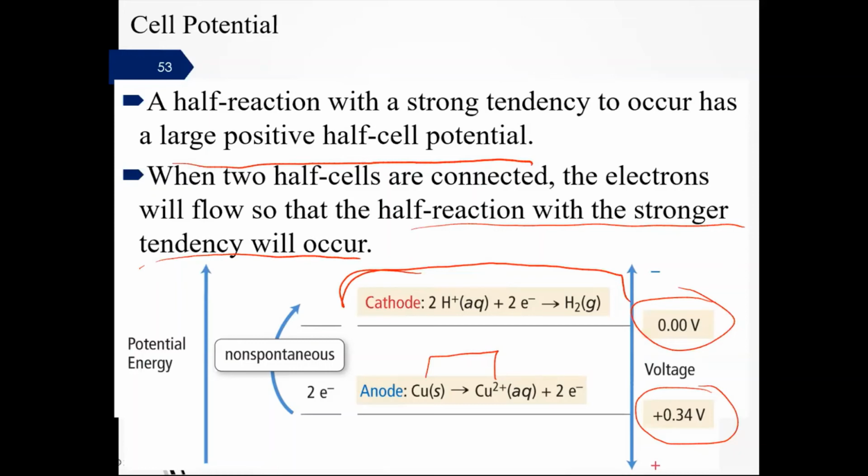When we look at the difference between them, we're not going to get the positive one for it to be going in this direction. Instead, we'd want to flip this so that our copper is being produced instead of our hydrogen, so that we can align those processes up correctly.